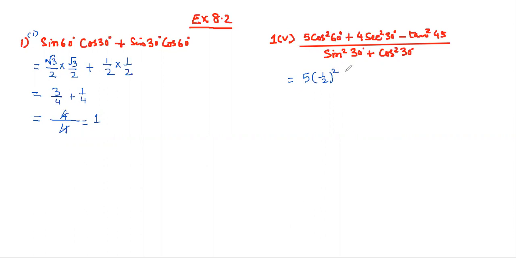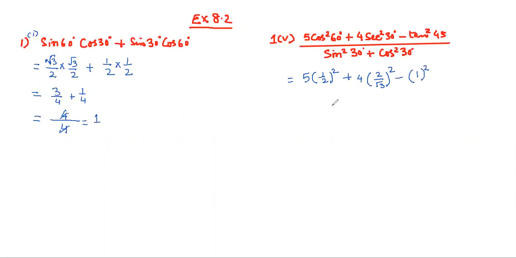Then this is 4 sec 30 degree. Sec is the reciprocal of cos. Cos 30 degree is square root 3 by 2. Therefore, sec 30 degree will be 2 by square root 3, and take its square. Then minus tan 45 degree is 1.